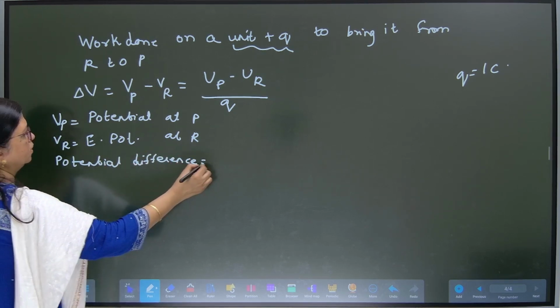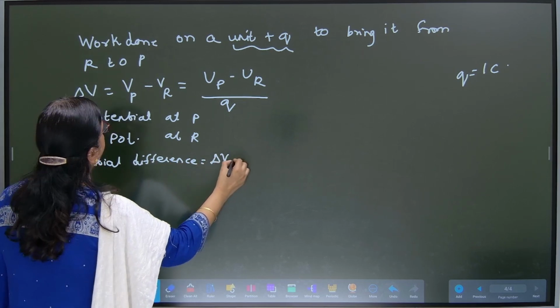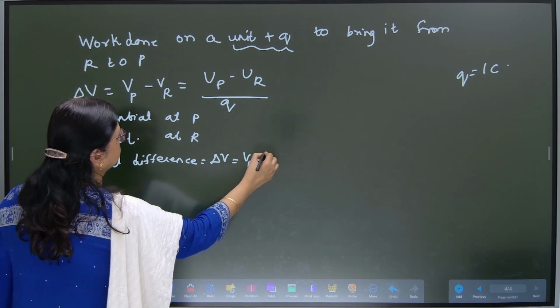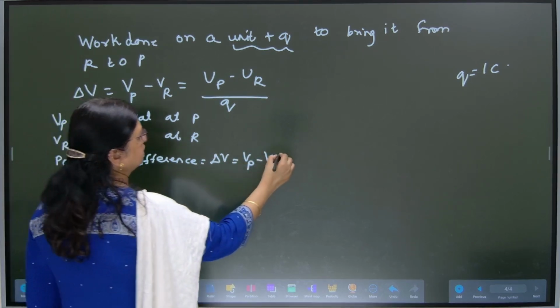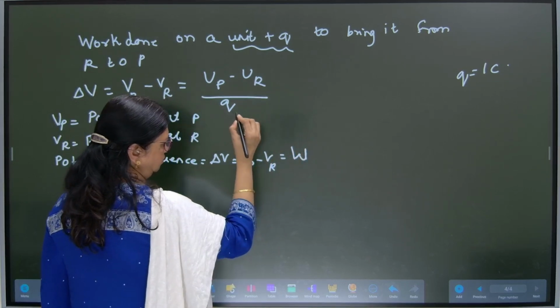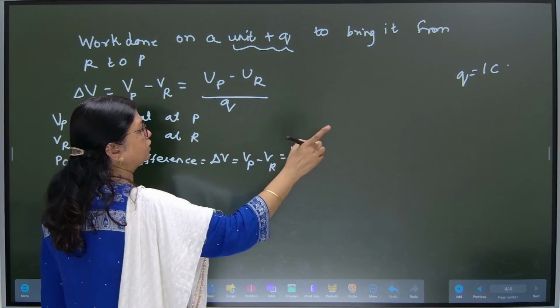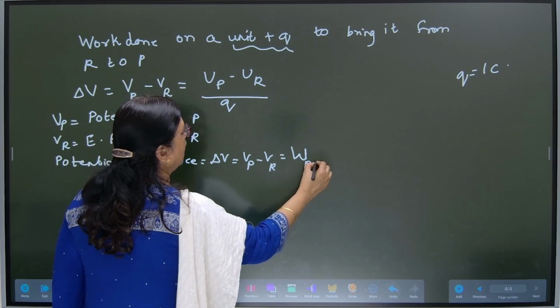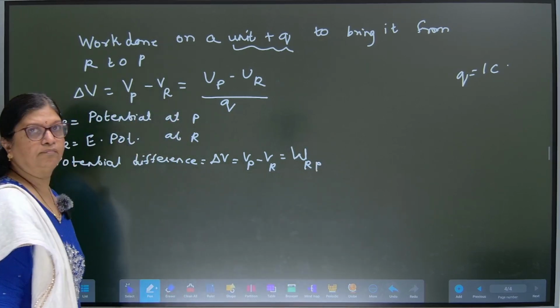How much? Delta V, which is equal to Vp minus Vr, which is equal to the work done in shifting the unit positive charge from R to P. Agreed?